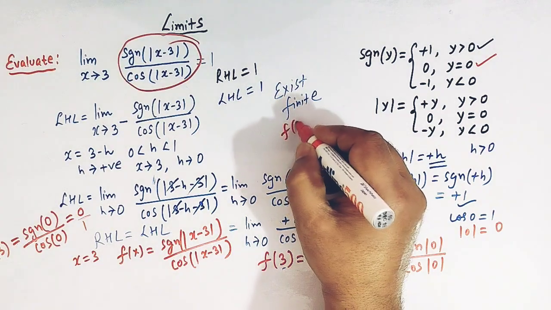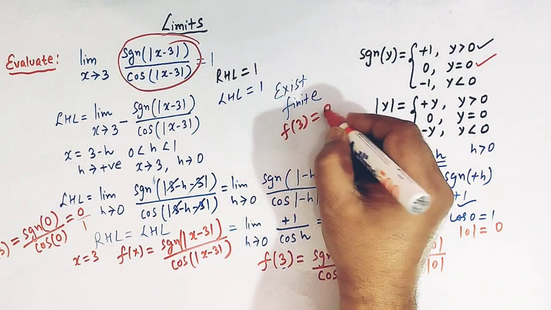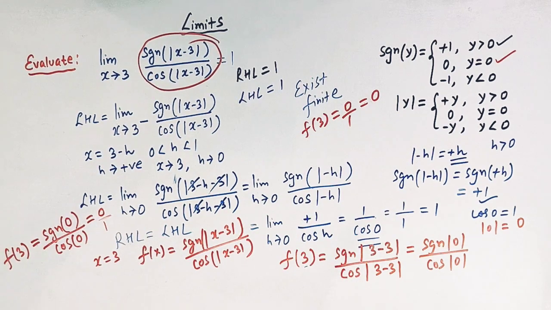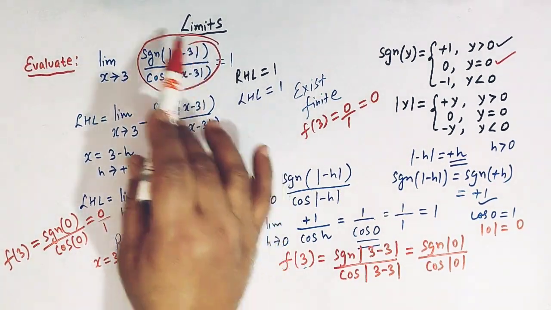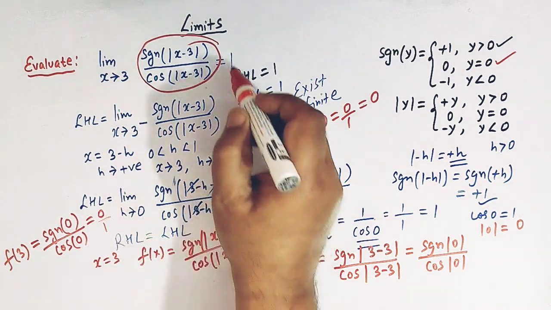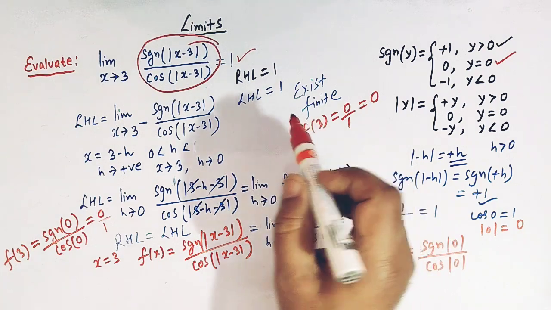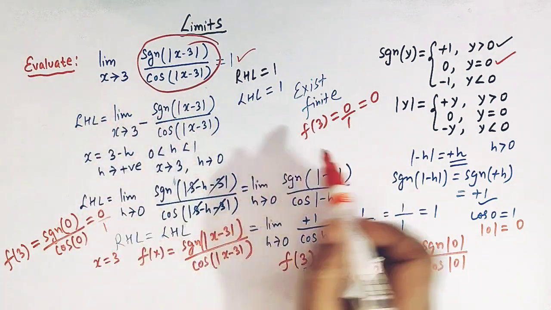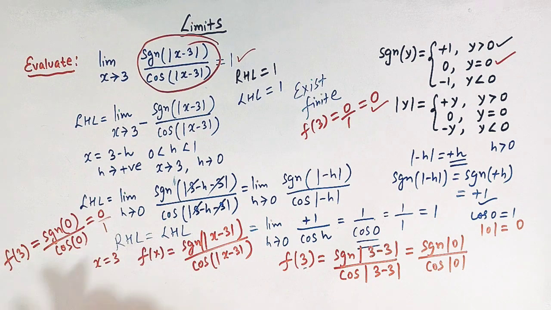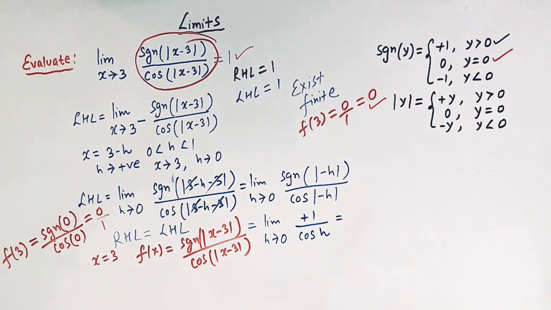So f of 3 is now equal to 0 over 1, that is equal to 0. So now we see that the limit of this function when x approaches 3 is equal to 1, and the value of the function at x is equal to 3 is equal to 0. So we can see that this function is not continuous at x is equal to 3.